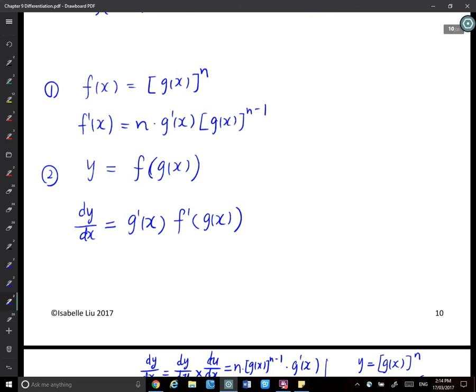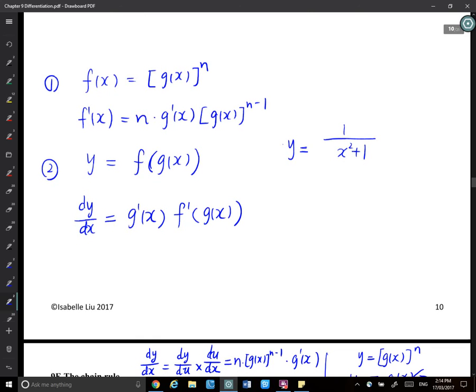So what that means, let's say we have y equals 1 over x squared plus 1. We can say that f(x) is 1 over x, and g(x) equals x squared plus 1.